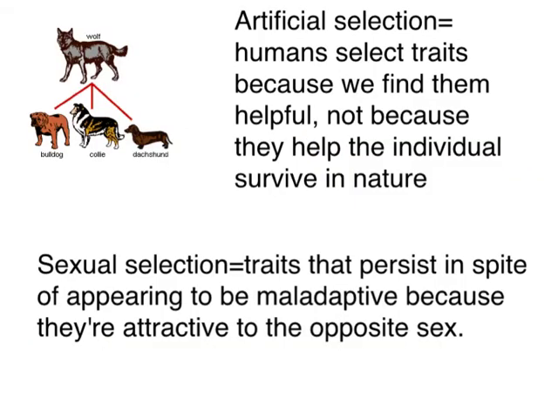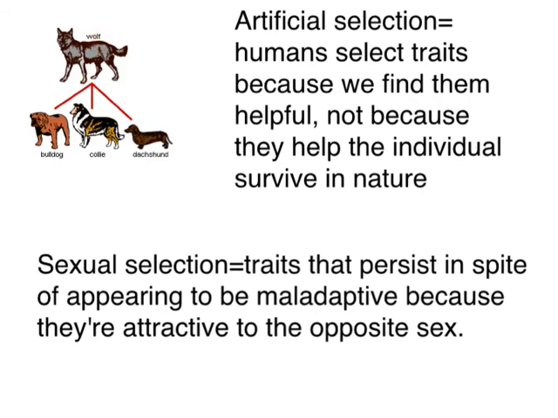All right, last thing. There are a couple other variations that you can see here. The first is artificial selection, and here's a little picture of what artificial selection looks like. Artificial selection is when humans select traits because we find them helpful, not because they help the individual survive in nature. And I know we've had this discussion before, but all dogs come from wolf stock, right?